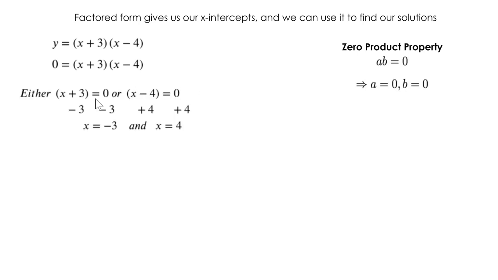So I'm going to set up two equations that equal 0. These are straightforward equations, either x plus 3 equals 0 or x minus 4 equals 0. I'm now going to use inverse operations. For the first one, I'm going to subtract 3 since we had added 3 from both sides, and we get x equals -3. For the second one, we were subtracting 4, so if I add 4 to both sides, I get x equals 4.